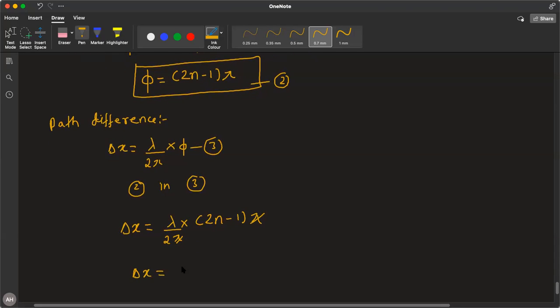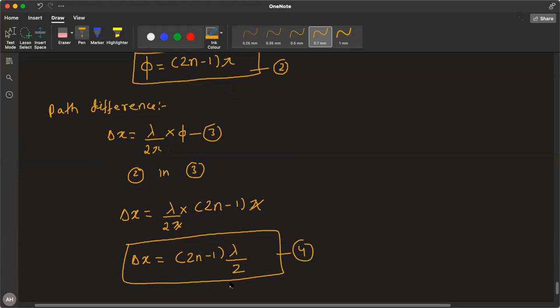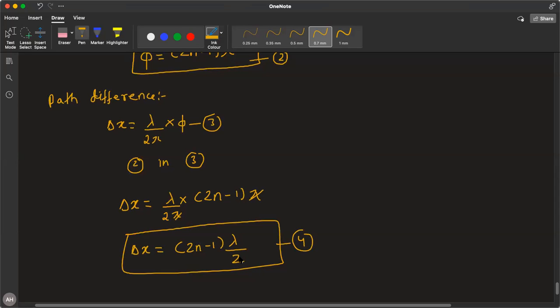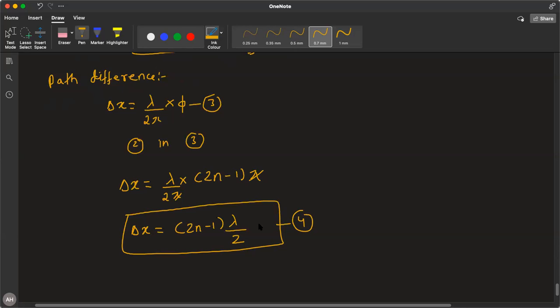Delta x is 2n minus 1 lambda over 2. This is the path difference. Let's call this equation number 4. This is the path difference for your destructive interference, 2n minus 1 lambda by 2. So this is the phase difference, and this one is the path difference.